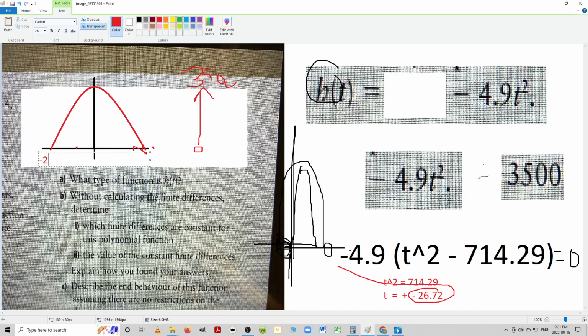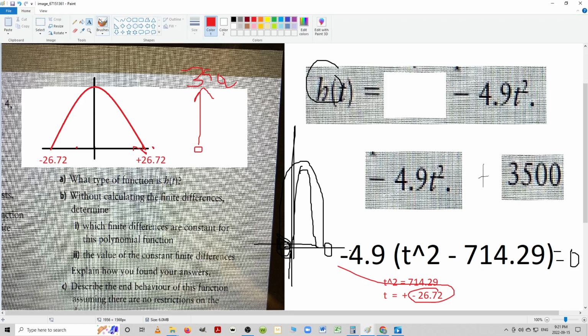This is at negative 26.72, and this is at positive 26.72. If I add them together and divide by 2, I will find the axis of symmetry. Obviously, when I add them together, I get 0, divided by 2, 0, which means at time 0, that's the maximum height.